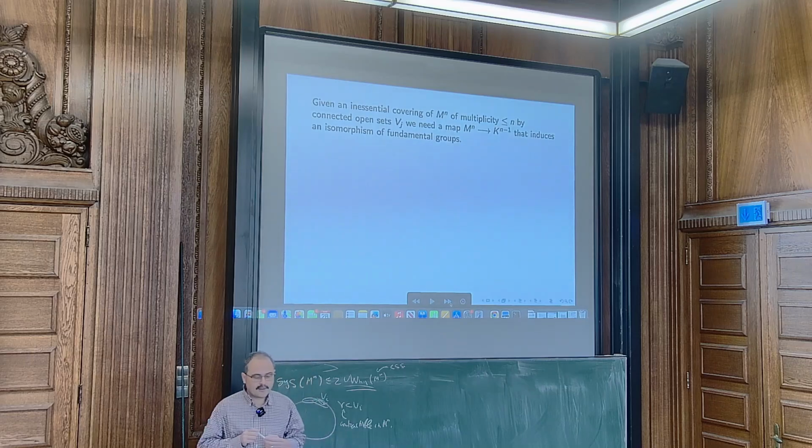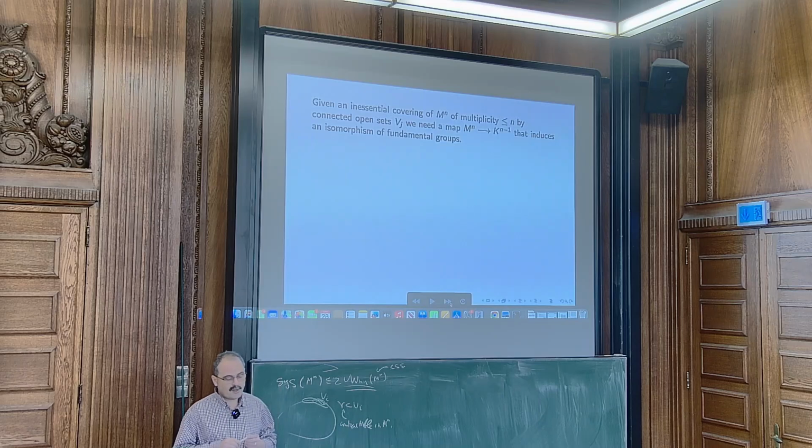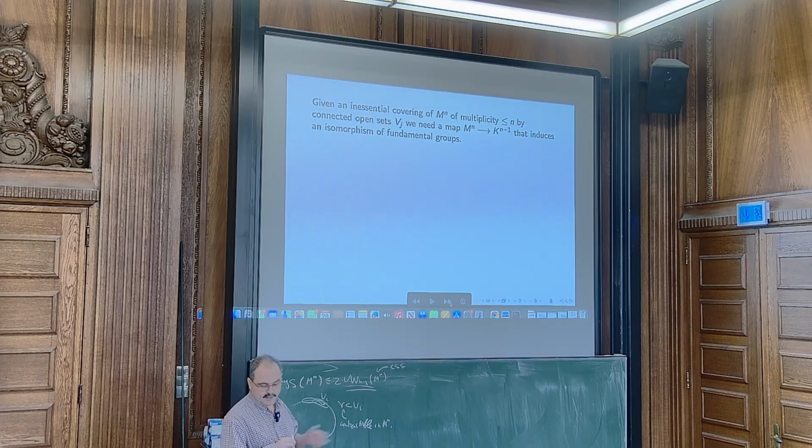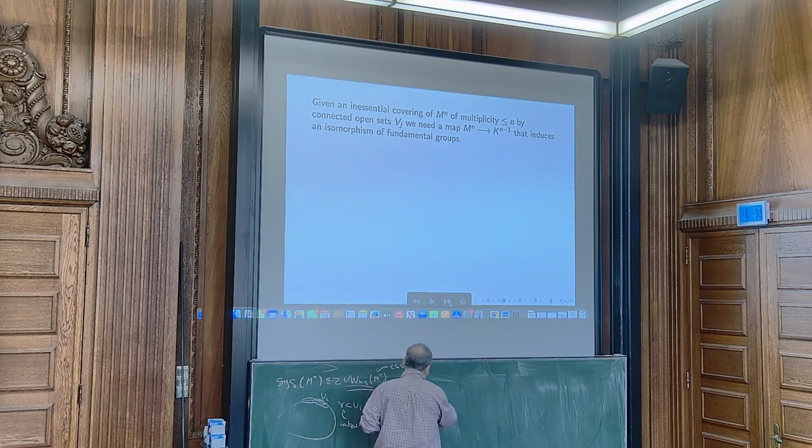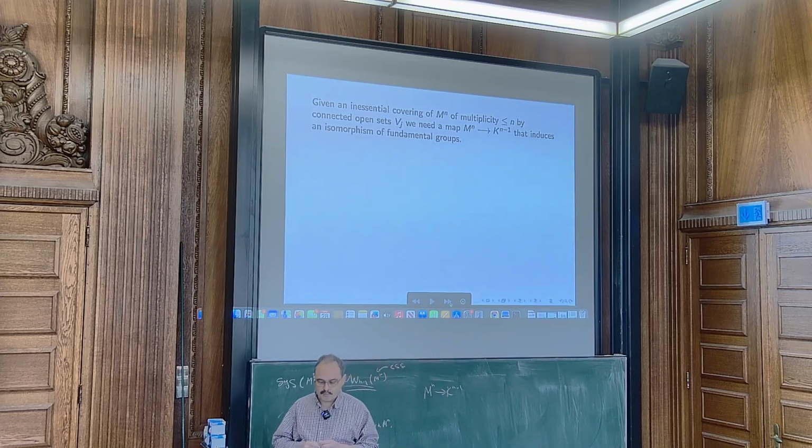But let me explain why this theorem actually works. It's a very simple matter, so I don't want to refer to some theorem. Basically, what am I supposed to explain? I am supposed to explain that given an inessential covering of the manifold of multiplicity less than or equal to n, there is some map from Mⁿ to Kⁿ⁻¹ that induces an isomorphism of fundamental groups.